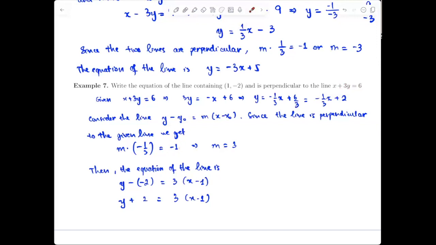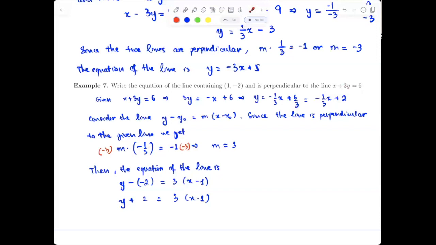Now to find the value of m, you multiply both sides by -3. So -3 times -1/3 becomes +1. And on the right-hand side, you have -1 times -3 becomes +3. So m = 3 is the slope of the line that you are looking for.